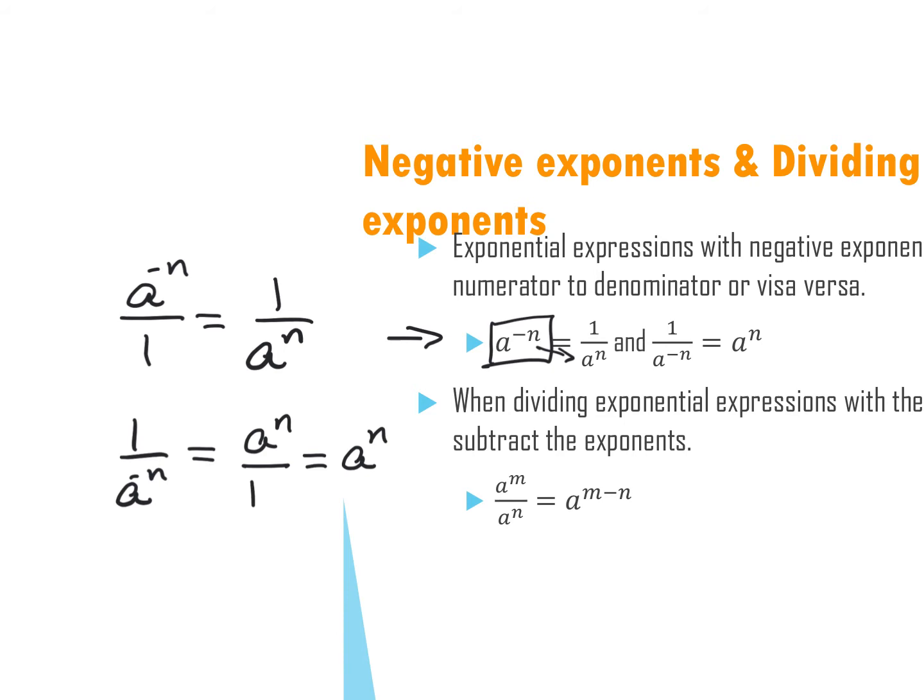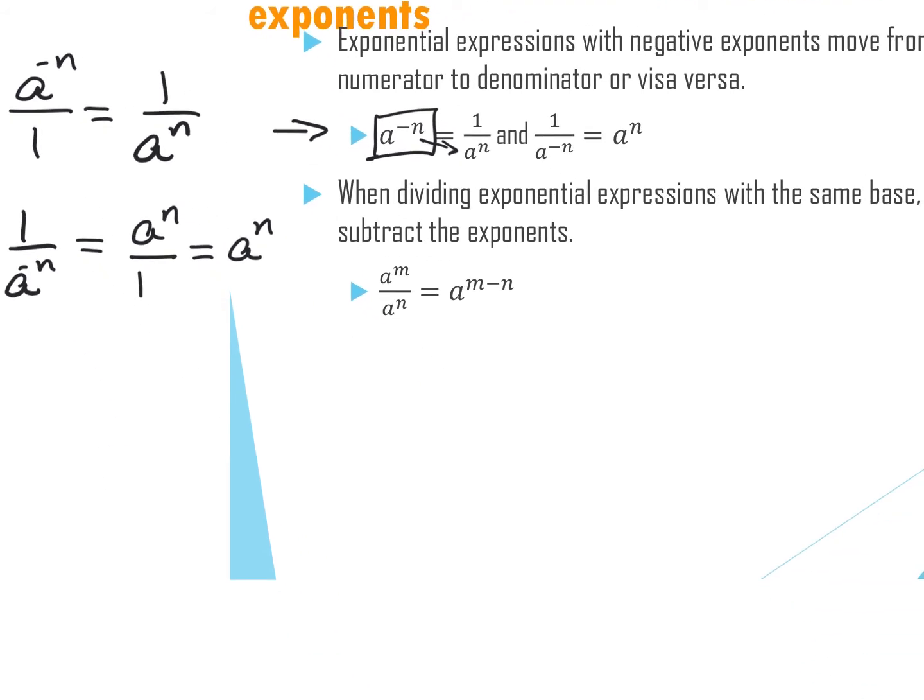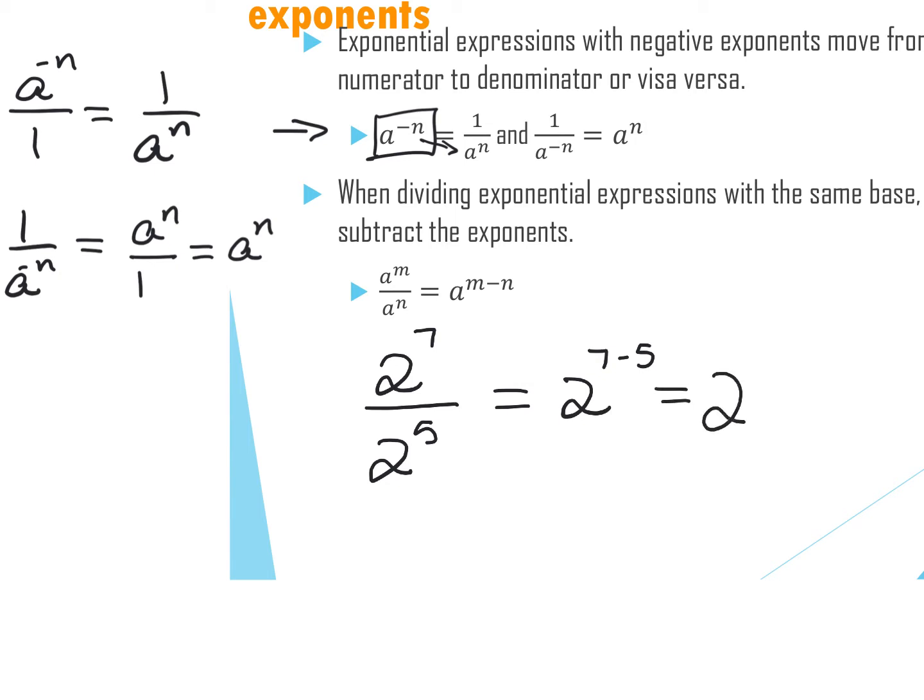So just to show you an example, let's say I have 2 to the 7th power divided by 2 to the 5th. Notice the bases are the same, so all I have to do is take those exponents, subtract them. 7 minus 5 is 2, and you get 4.